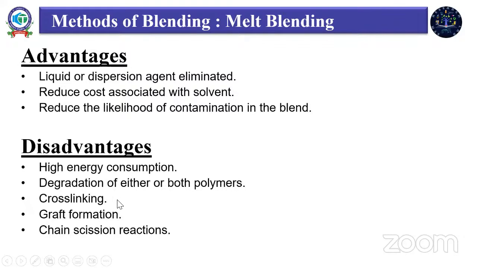Again, cross-linking: if you use certain materials or initiators in your blend, it might generate a cross-linking reaction in the extruder, or it can create free radicals in your blends, which can lead to a grafting process or graft formation. Or, due to the action of heat, chain scission reactions might occur, again leading to degradation of one or both polymers.